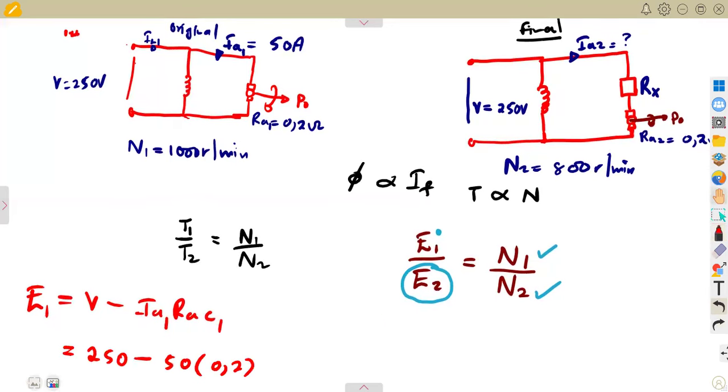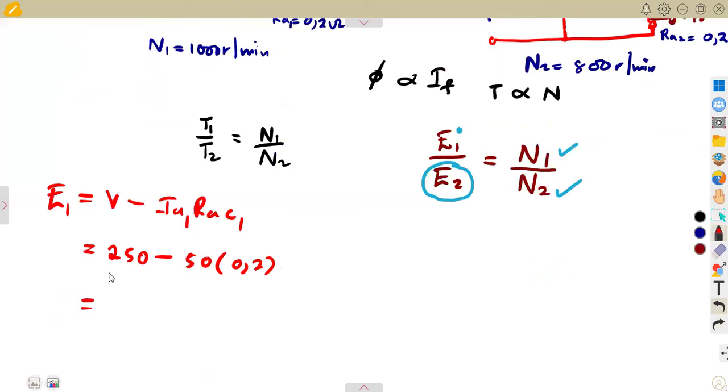With this, we obtain the generated EMF, which is 240 volts, the generated EMF of the original condition.